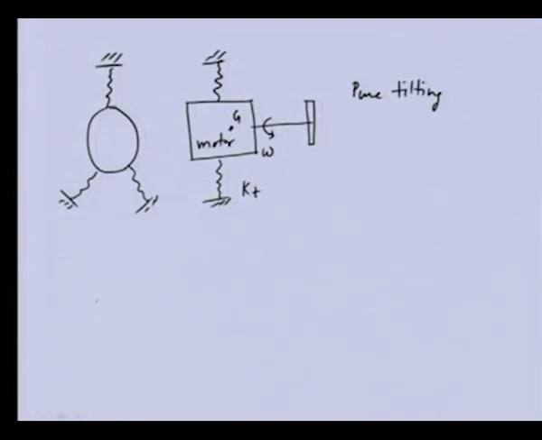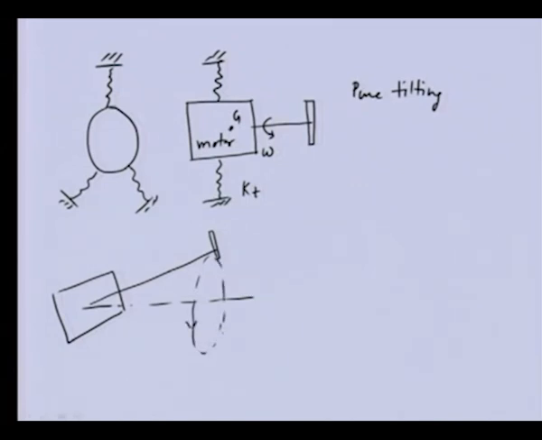So, if I draw, this is the bearing axis, let us say, this is the disc and this motor. During whirling it is going in this direction.